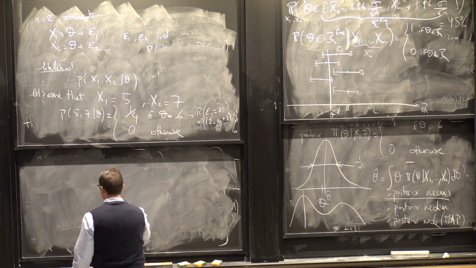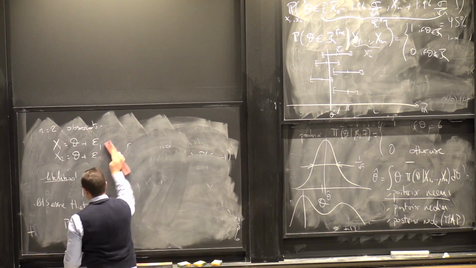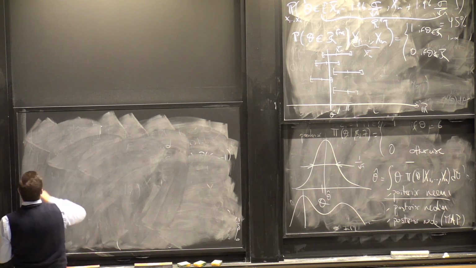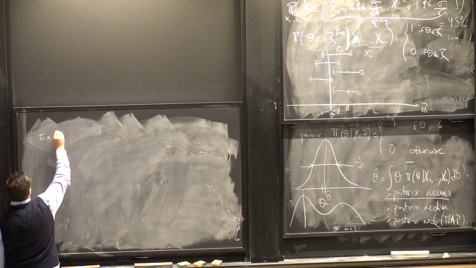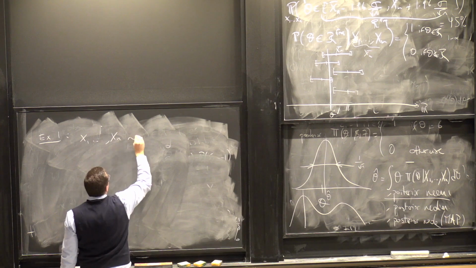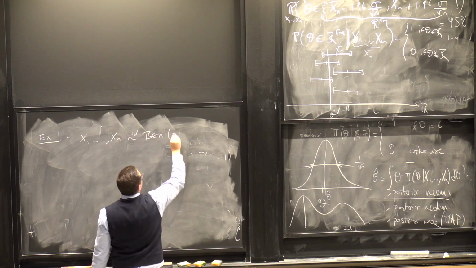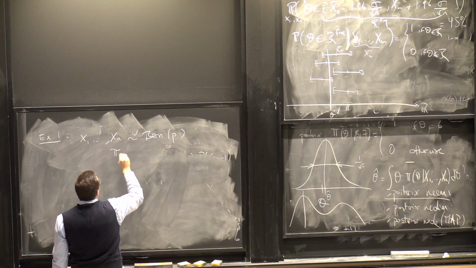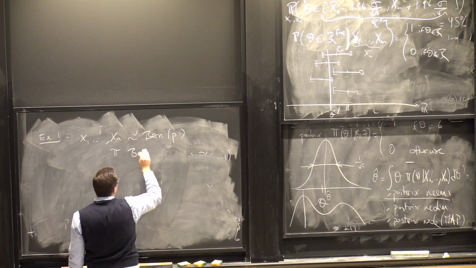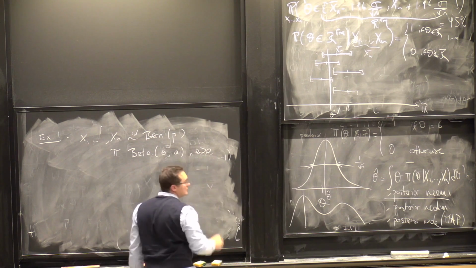Remember in example 1, what we had was X1, ..., Xn that were IID Bernoulli(p), and the prior I put on p was a beta with parameter (a, a).